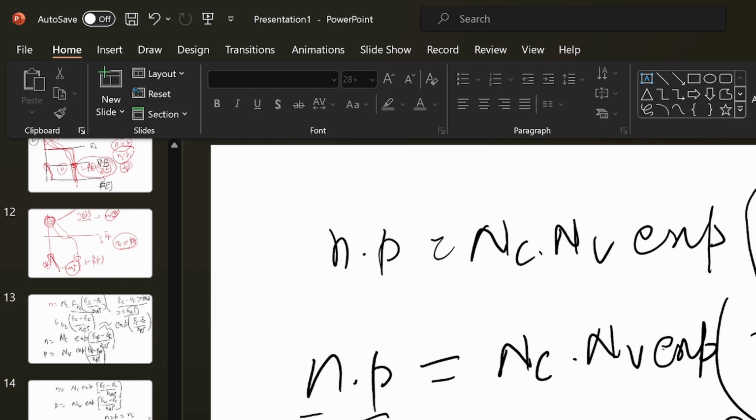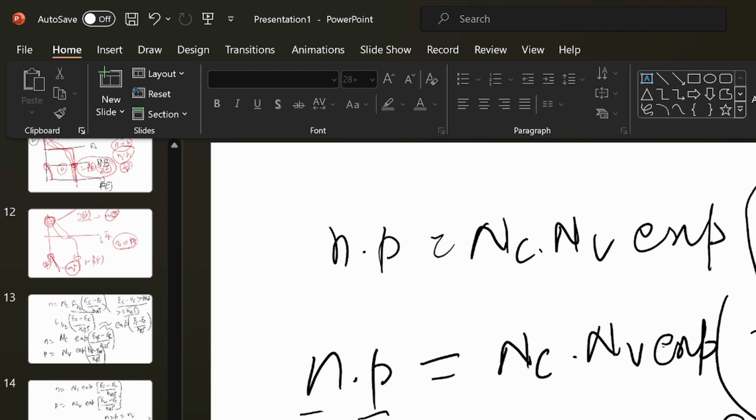We are not giving any external stimuli, which is what we call equilibrium. At equilibrium, the intrinsic carrier concentration depends on the band gap. So this is the relationship. If you have any doubt with this, you can ask me.